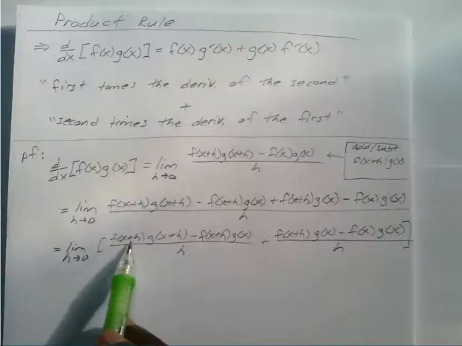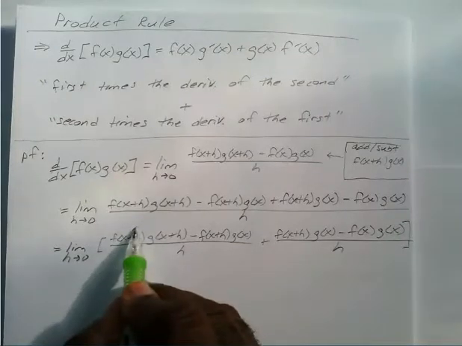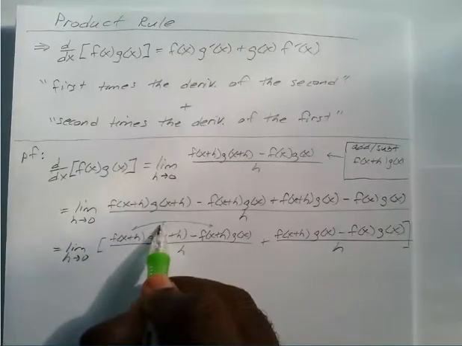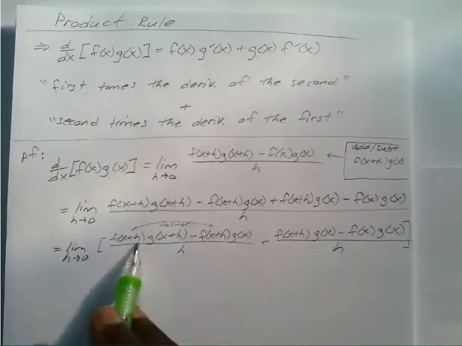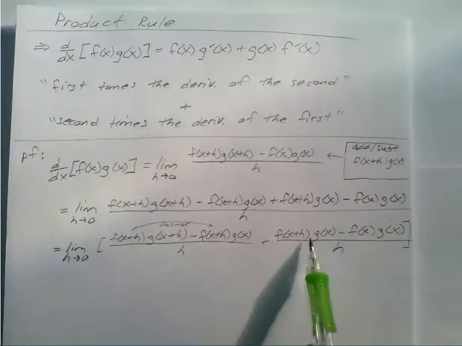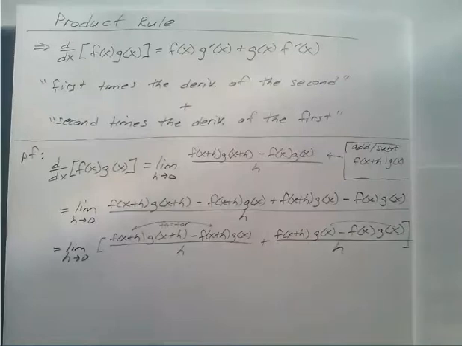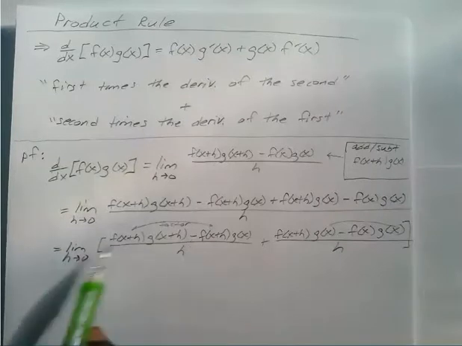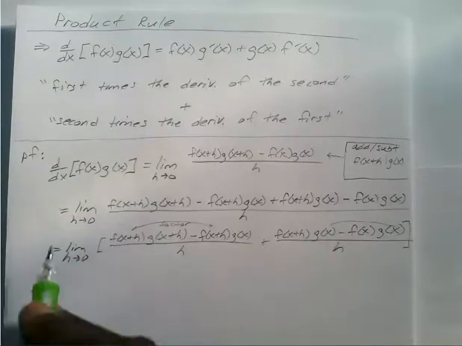Alright, so here we're going to go ahead and factor out the f of x plus h from these two, and we're going to factor out the g of x from those two terms. And at the same time, we're going to distribute the limit to those terms.